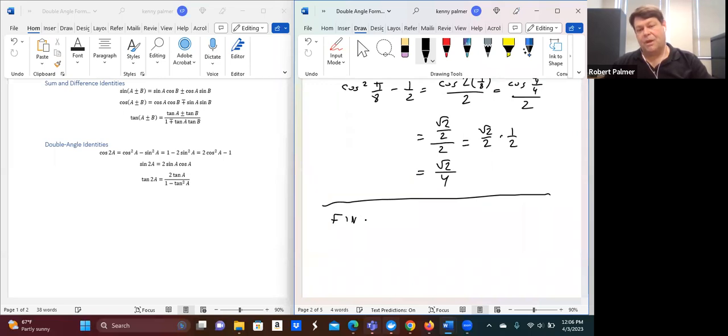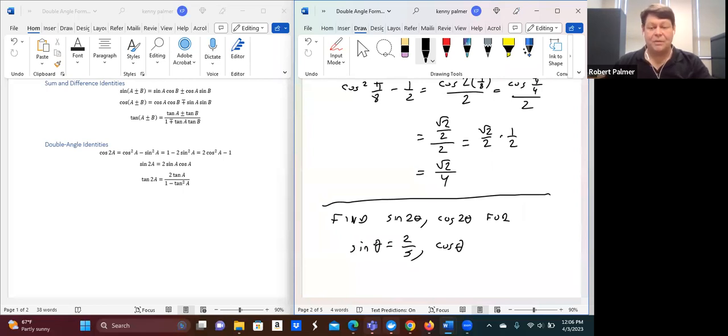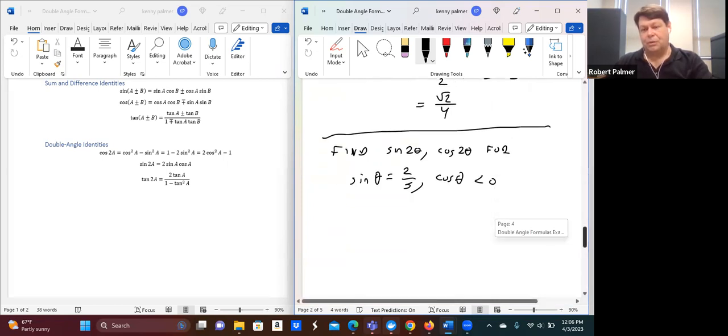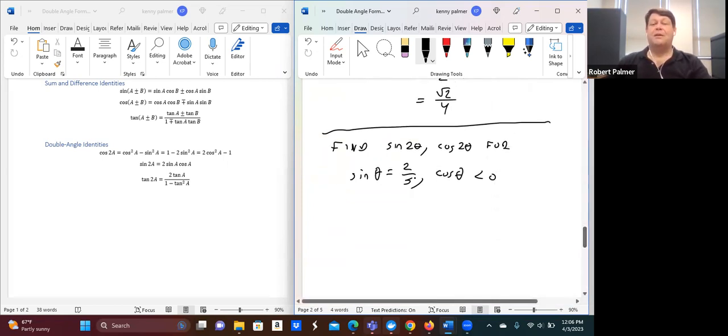What I'm going to do is find sine of 2 theta and also cosine of 2 theta, if we know that the sine of theta is equal to 2/5 and cosine of theta, not 2 theta, just cosine of theta, is less than 0. So we're going to use our knowledge of this angle theta to find this.